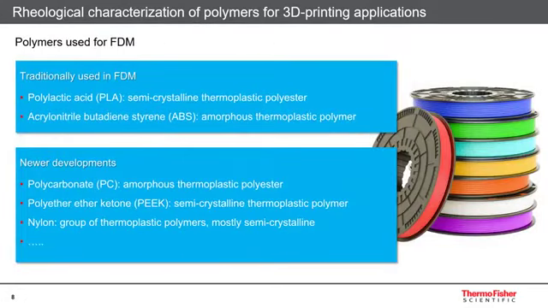Now, traditionally, the polymers used for FDM, especially for the home printer market, were often limited to polylactic acid, short PLA, a semicrystalline thermoplastic polyester, and acrylonitrile butadiene styrene, ABS, an amorphous thermoplastic polymer.